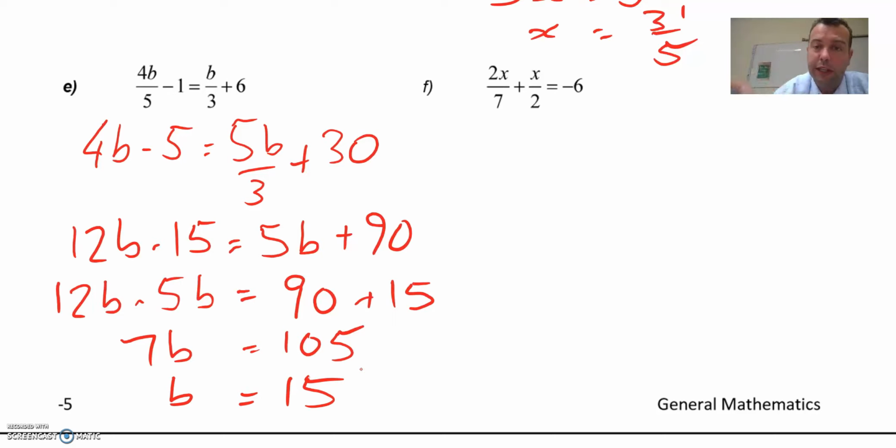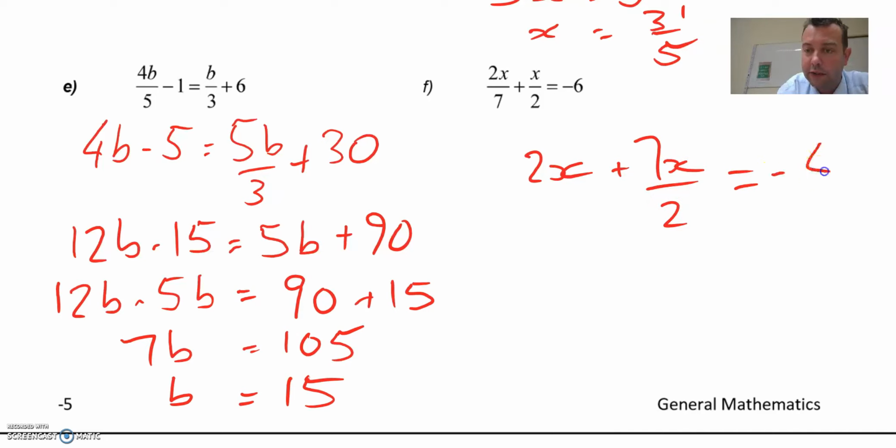All right, next one here, two fractions. I don't want fractions. I'm going to multiply every term by 7 and every term by 2. So, do this first. 2x on 7 times 7 is 2x, plus 7x over 2 equals, now I'm going to multiply by 7, that's negative 42.